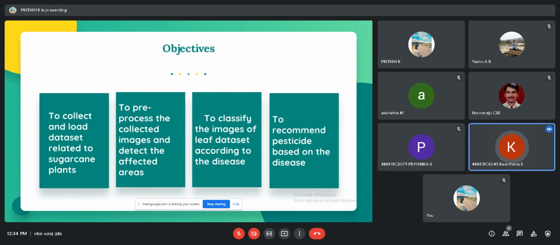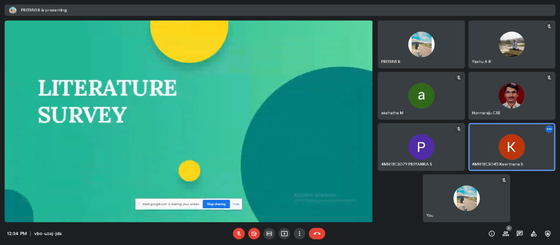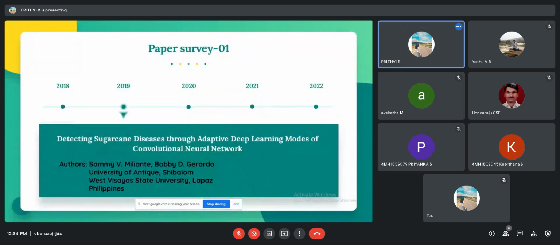Next, let us move to paper 1: detecting sugarcane diseases through adaptive deep learning models of convolutional neural networks.